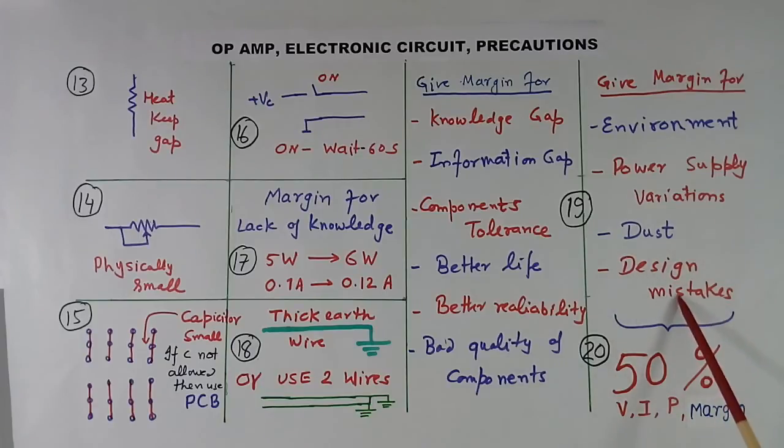Then design mistake. We may make some design mistakes. For example, I will tell you a common design mistake. All components have leads. These leads have inductance and capacitance both, but we always ignore that. Except communication engineers, in normal design we don't consider that, and in a breadboard there is capacitance.